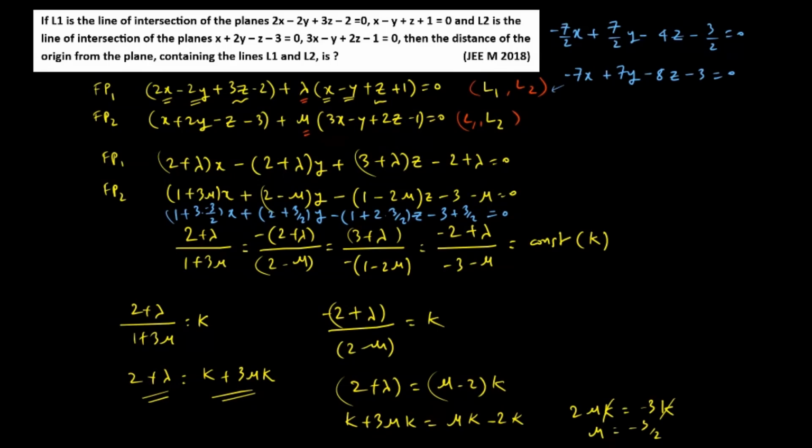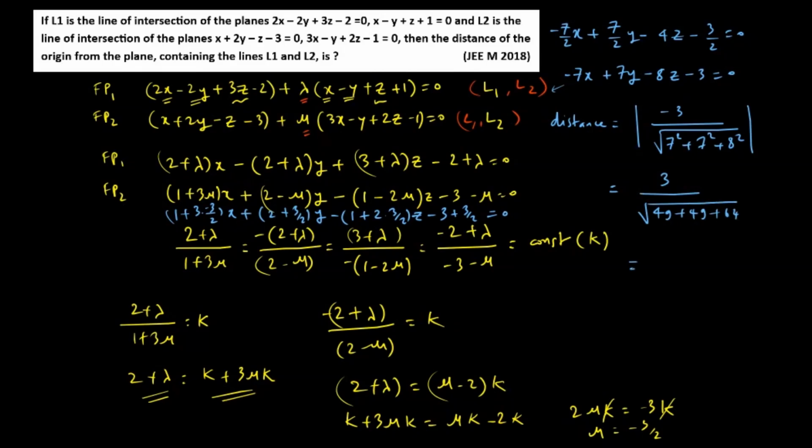So let's find that distance, and that distance would simply be mod of the constant, that is minus 3, divided by root of 7 square plus 7 square plus 8 square, and that would be 3 by root of 49 plus 49 plus 64, that would be 3 by root of 162, that would be 3 by 9 into root 2.